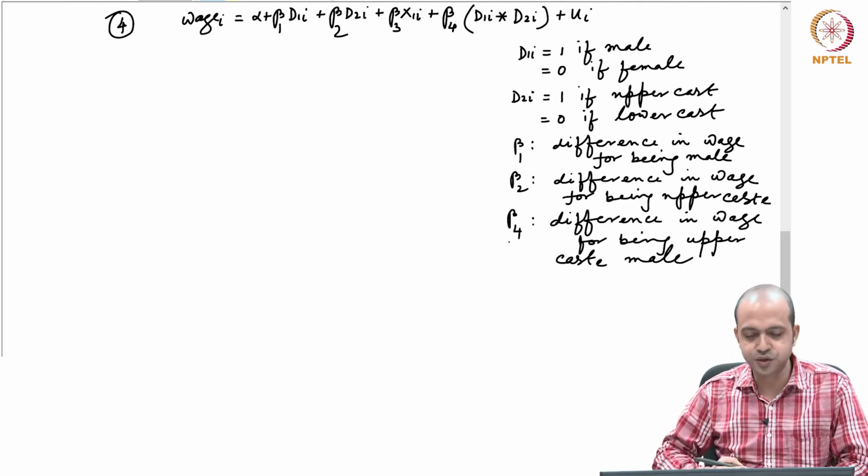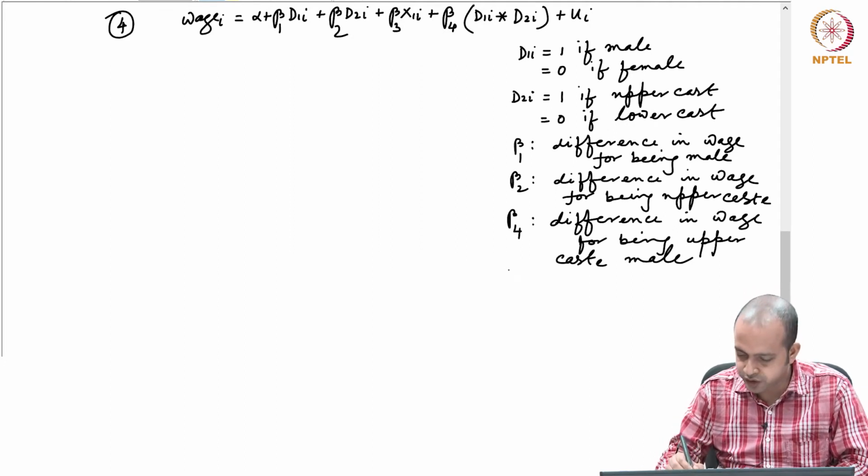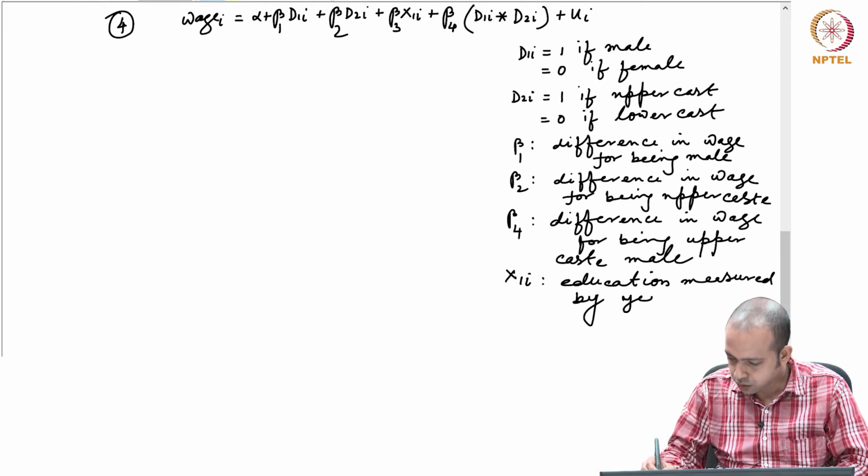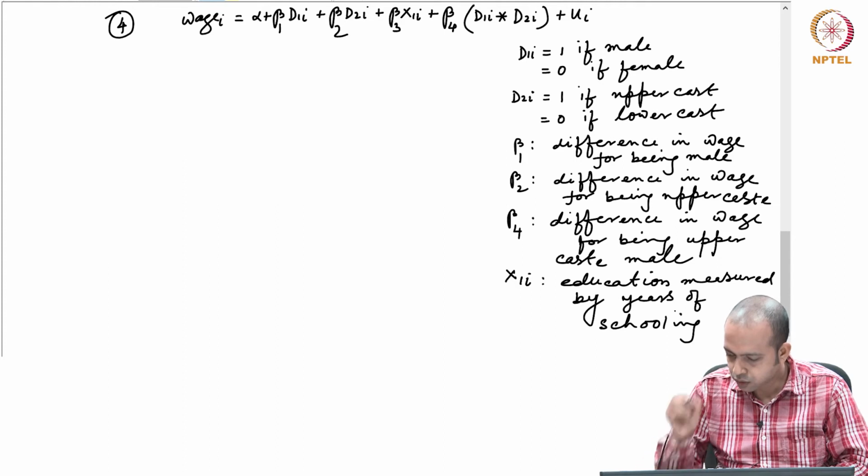And beta 3 is basically the responsiveness of wage with respect to education, because X1i is education, measured by years of schooling. Okay.